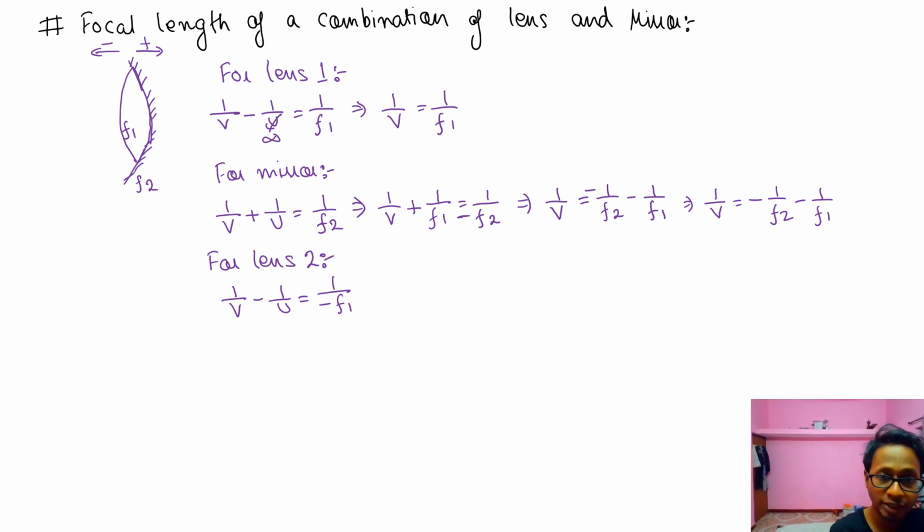So for lens 2, what is u? u is nothing but v here. So 1 by u is nothing but 1 by v here.